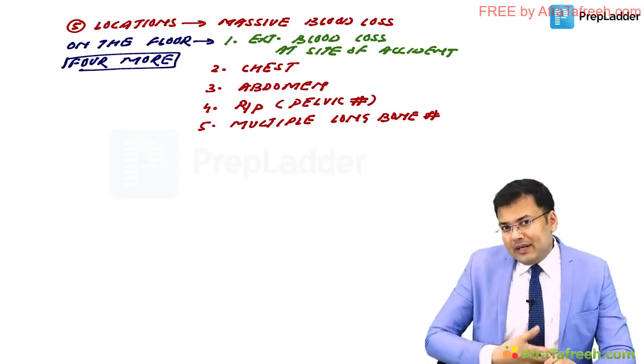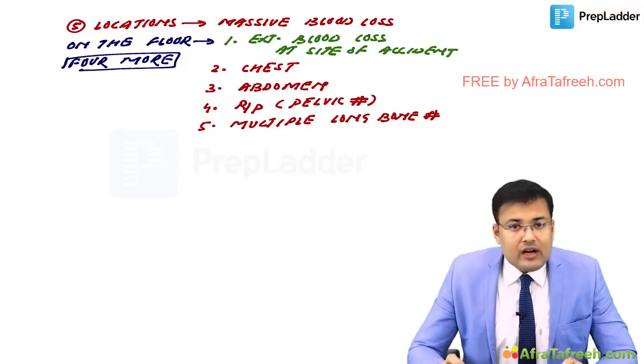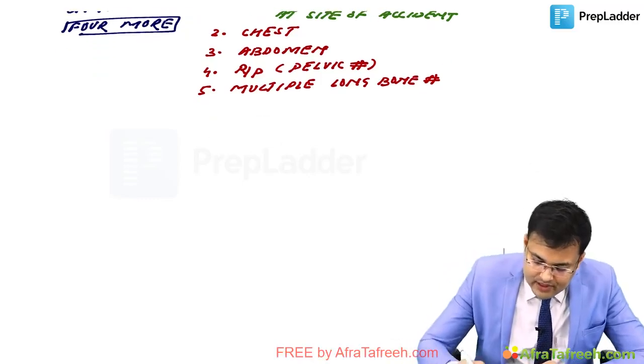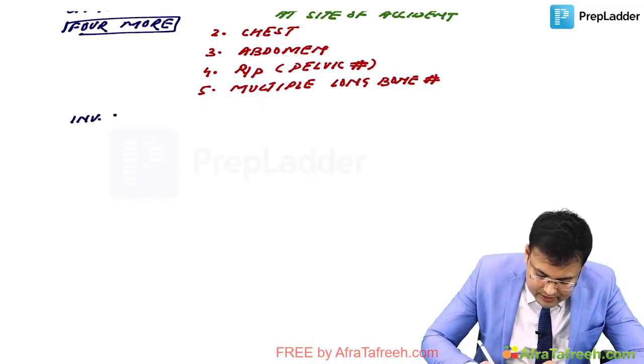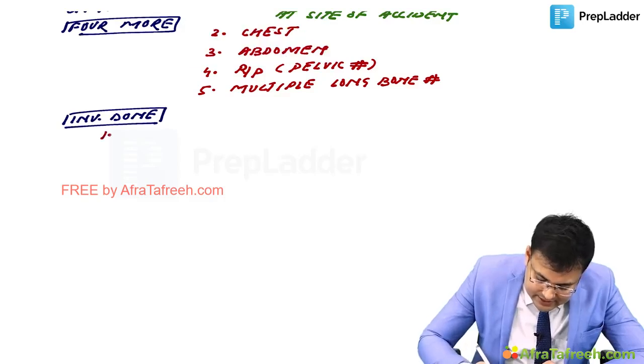And for abdomen, if we want to rule out blunt trauma or collection of fluid, which investigation is done? It's the FAST. So the investigations done: first is chest x-ray, PA view.